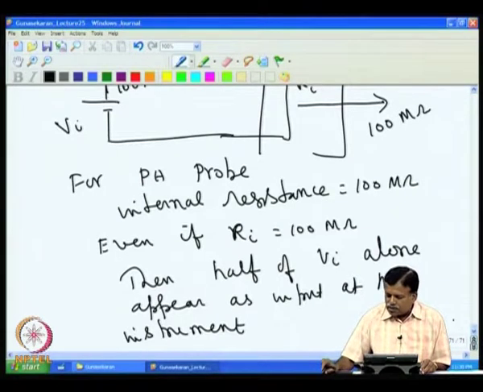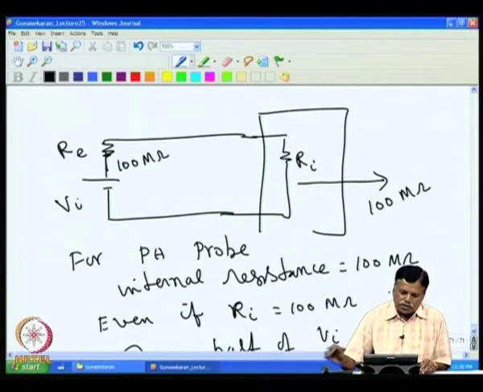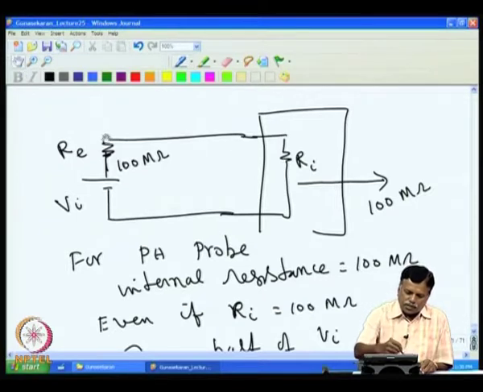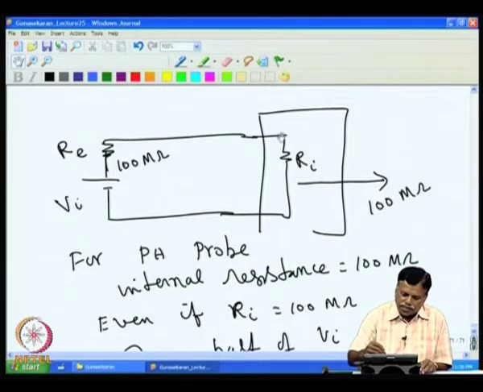In this example, because of this 100 megohm and the instrument's input resistance also being 100 megohm, half of the voltage is lost here and only half is appearing at the instrument.